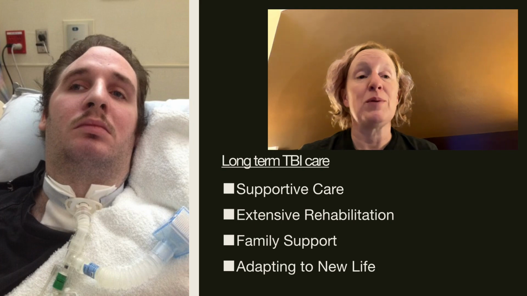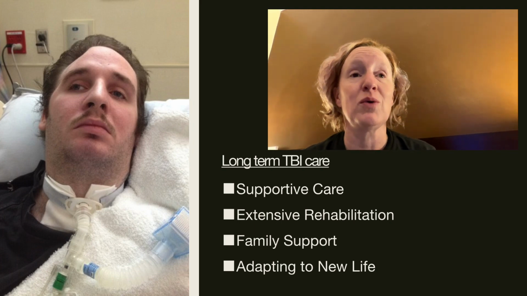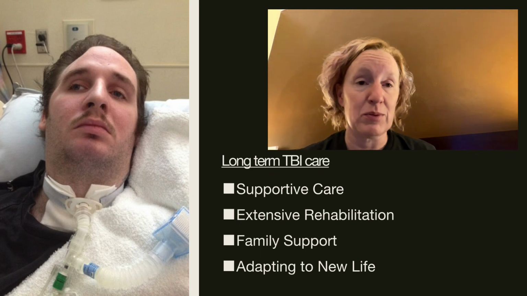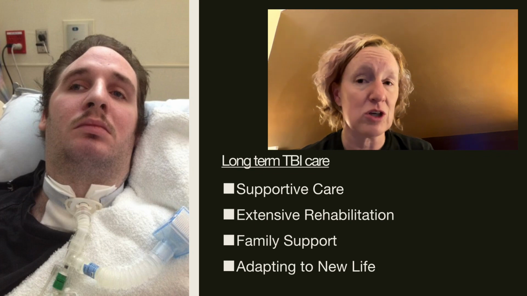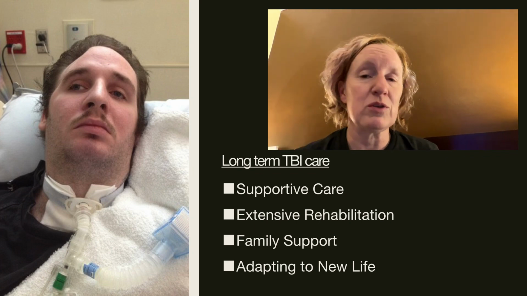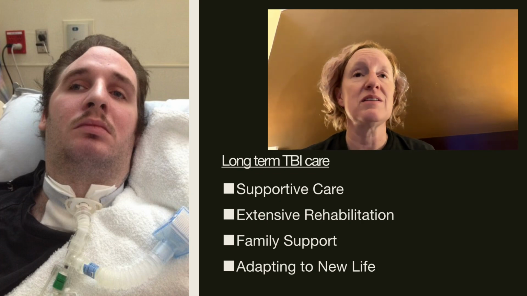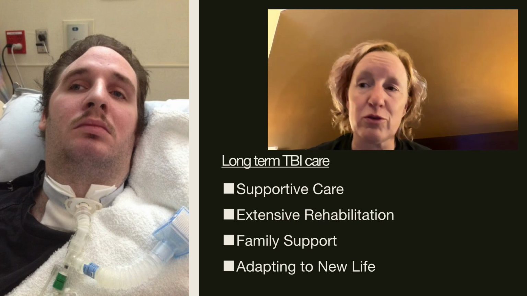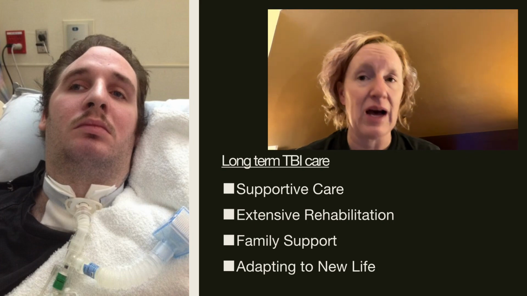And think about the socioeconomic components that go with that. If you are financially stable and have the ability, how much different that care might look than somebody who can't build a ramp for the wheelchair to come into their house, or doesn't have ADA compliant bathrooms, or doesn't have the ability to financially afford the extensive rehab and the follow-up rehab and all of that.